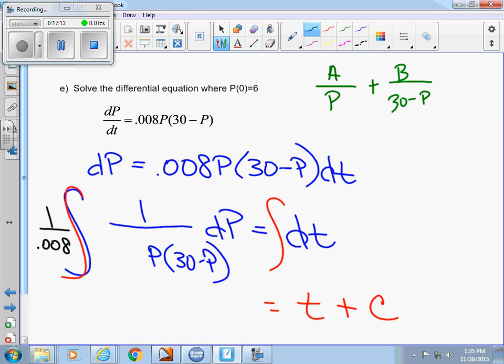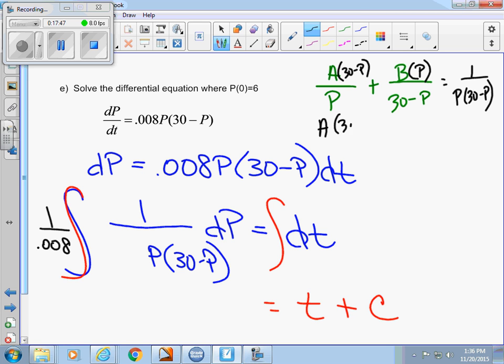Does everyone agree with that? It just makes your numbers prettier. Did I lose anyone on how we can pull that constant out in front of the integral? And so I get 30 minus P here and P here. Any questions so far?